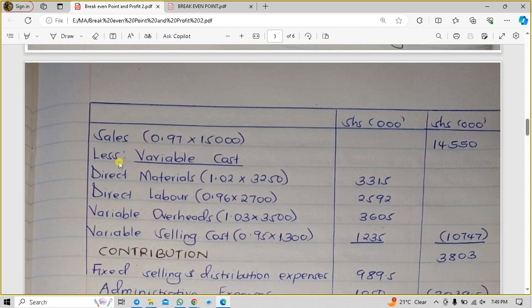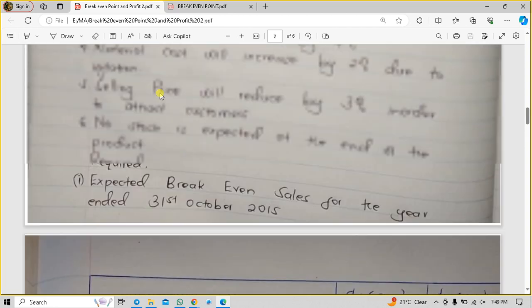So from there we're going to subtract the variable costs, all the variable costs, so that you can get what we call contribution. Sales minus variable cost is going to give us contribution. We want to get contribution so that you can calculate break-even point. Variable costs: we have direct materials, direct labor, variable overheads, and anything variable in this question.